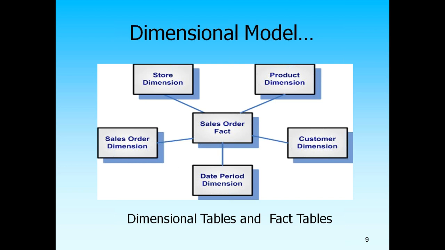So from the dimensional model, we are able to generate reports based on the current date, or on a prior date. If you want a report for the last 1 year, you are able to generate it, but not in OLTP application databases. Moreover, you have fewer joins.